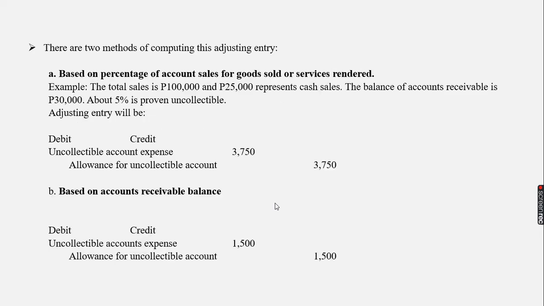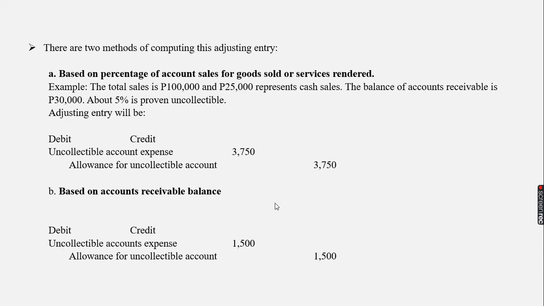Okay? Ayan, there are two methods of computing this adjusting entry. Letter A, based on percentage of account sales for goods sold or services rendered. So, for example, the total sales is 100,000 and 25,000 represents cash sales.